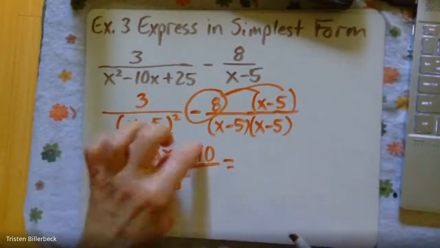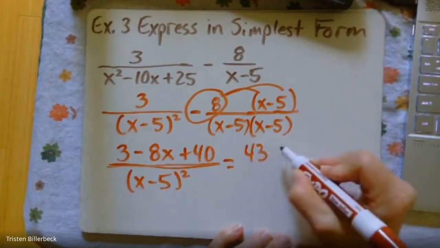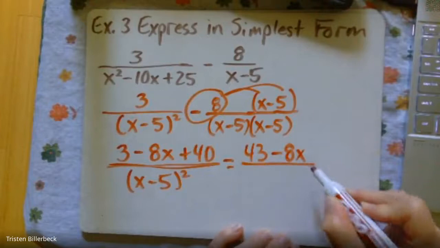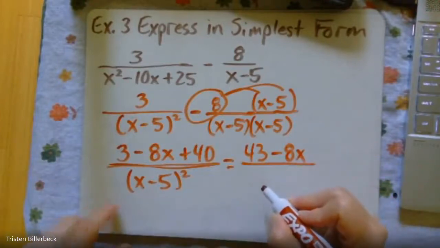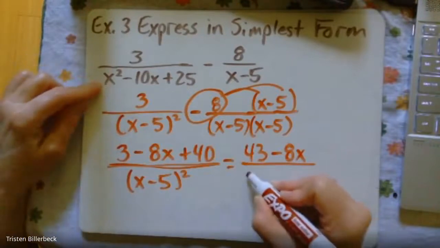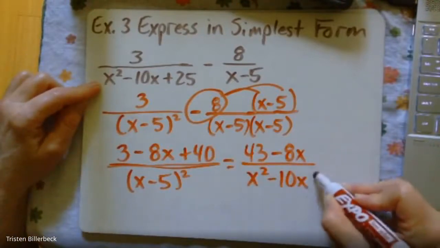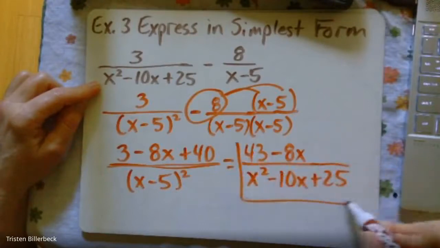So we have 3 plus 40 is 43 minus 8x. And then on the bottom, we're going to want to put it back into this form, x squared minus 10x plus 25. And there we have it.